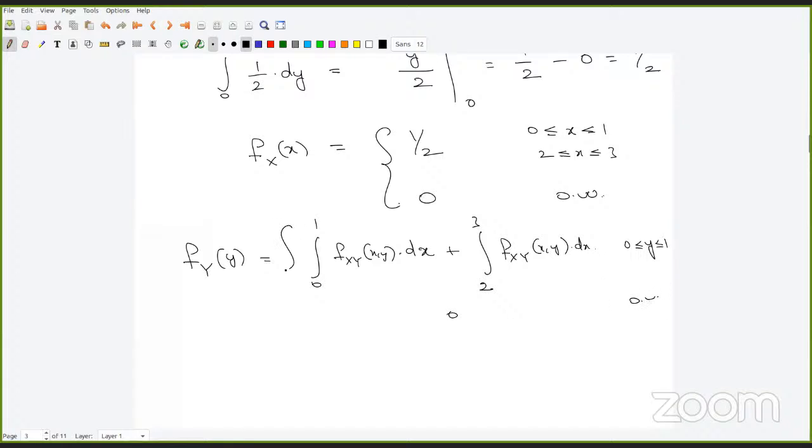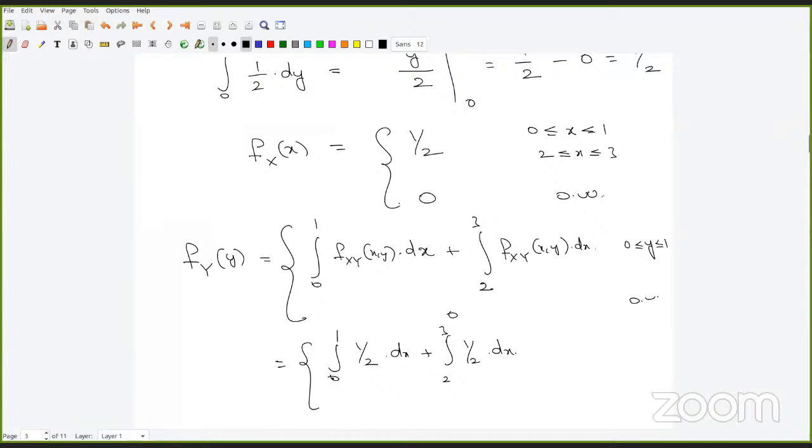So what is this value? If you compute, what will be this? Half. Half x, and then after completing, this will be the integral 0 to 1 of half dx plus the integral 2 to 3 of half dx.